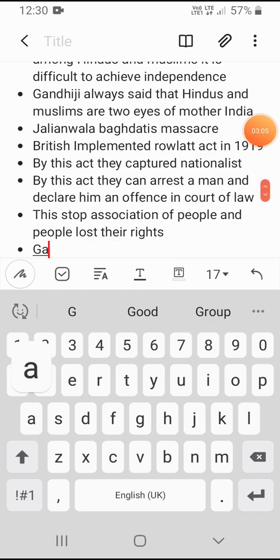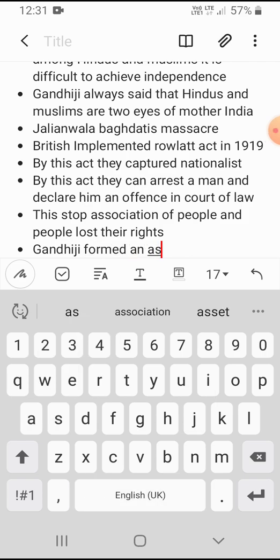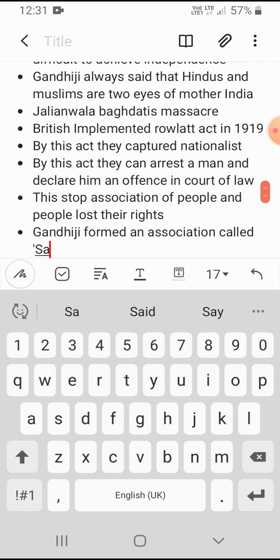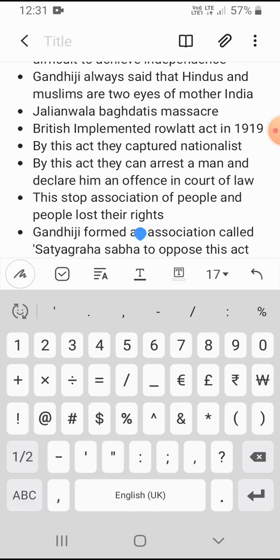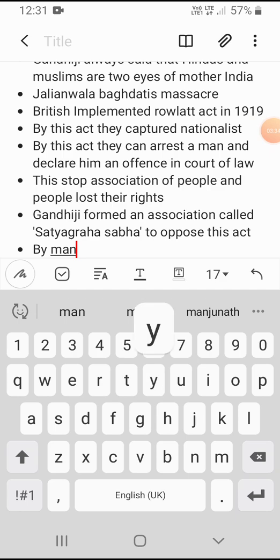So Gandhiji formed an association called Satyagraha Sabha to oppose this Rowlatt Act.